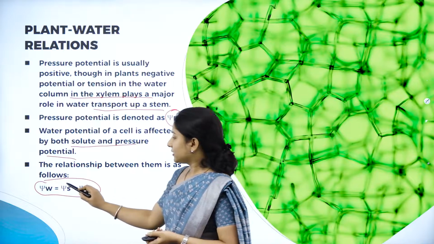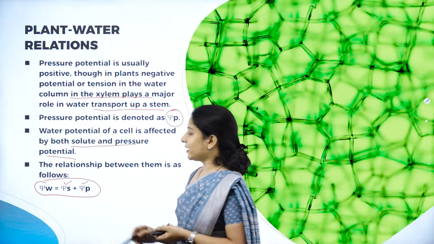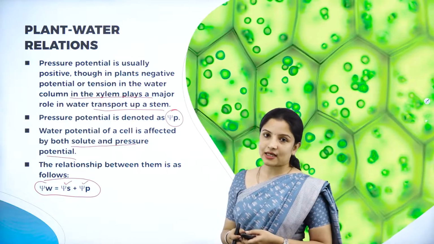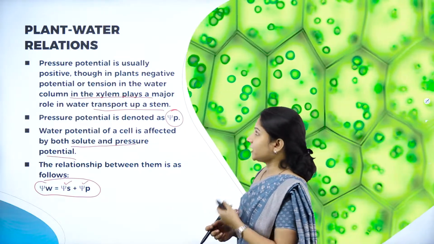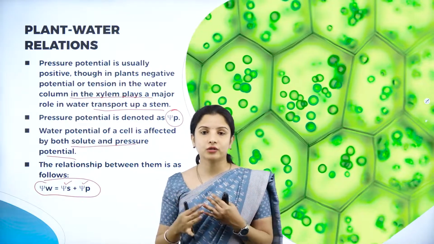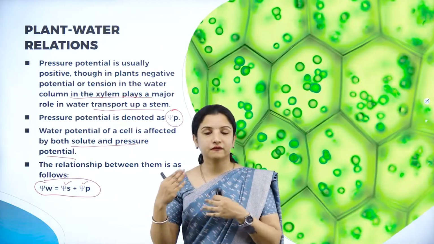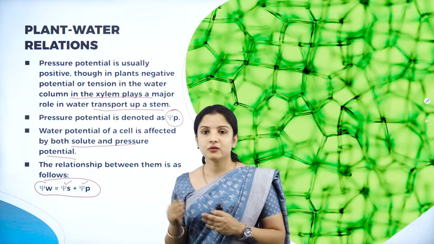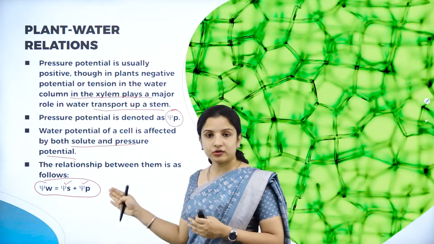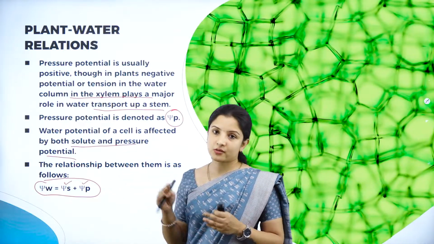So it depends on these two. That is why psi W is equal to psi S plus psi P. So this is about the plant-water relationship. That is how the water moves from the roots to different parts of the plant body, because of the water potential, which always depends on the solute potential as well as the pressure potential.